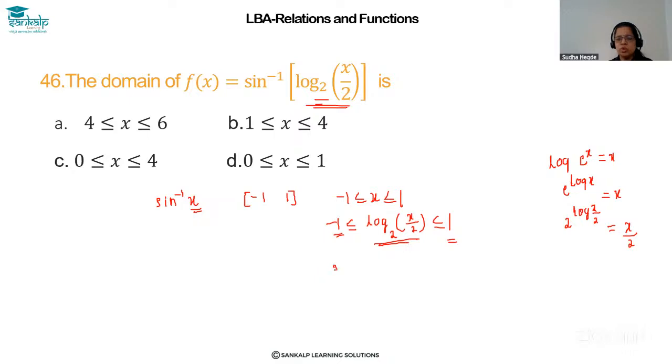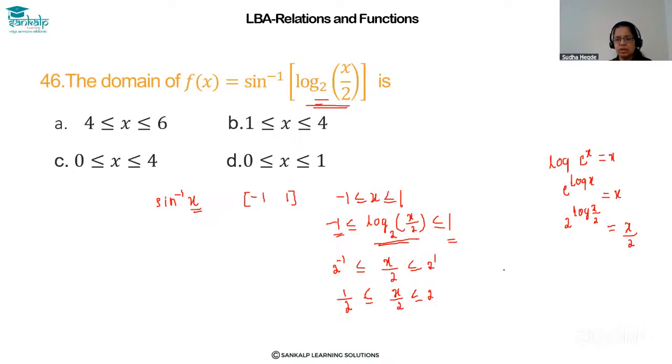Okay, so 2 power -1 is less than or equal to x by 2 less than or equal to 2 power 1. That is, 2 power -1 is 1 by 2, so 1 by 2 less than or equal to x by 2 less than or equal to 2.